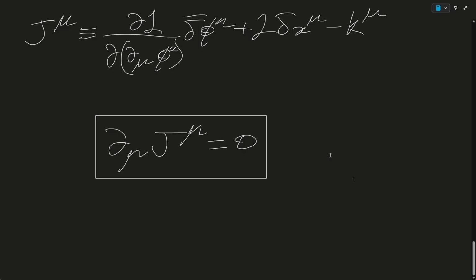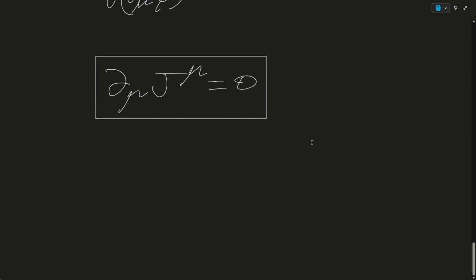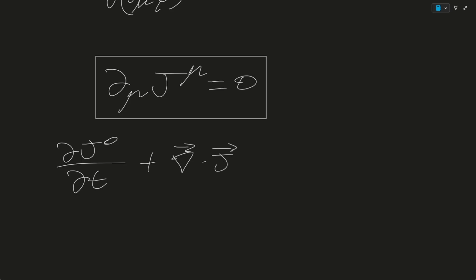I think so. I think it's fairly useful. Or, as it is also defined, the derivative with respect to time of J naught plus the divergence of the other terms is equal to zero.